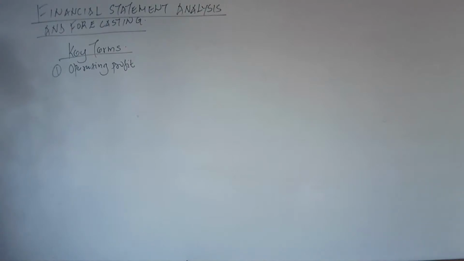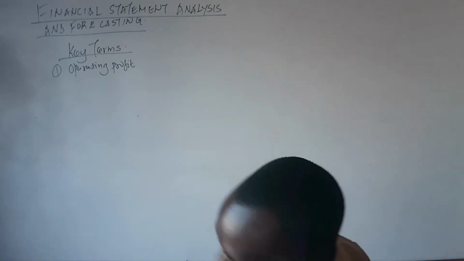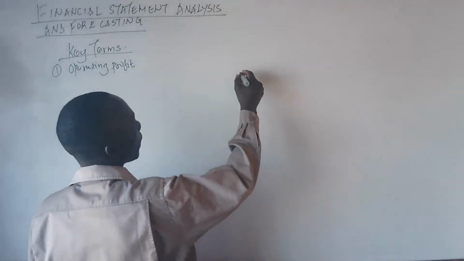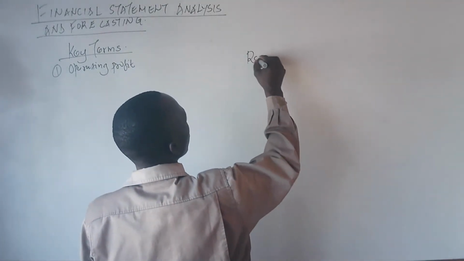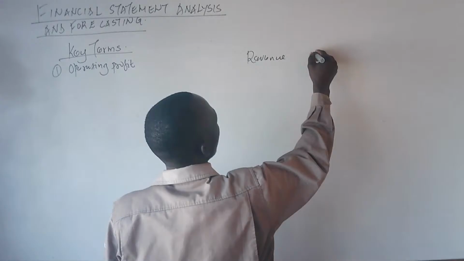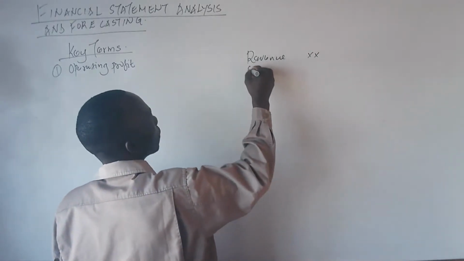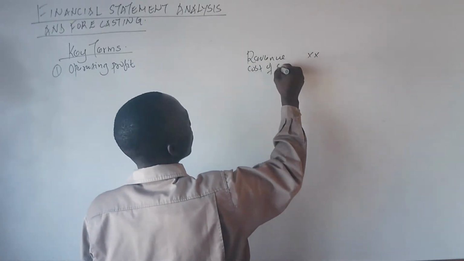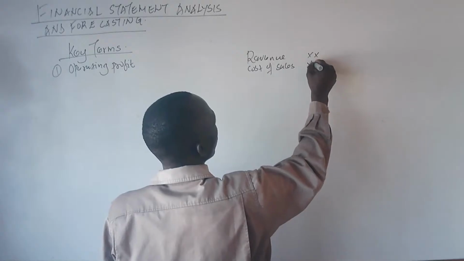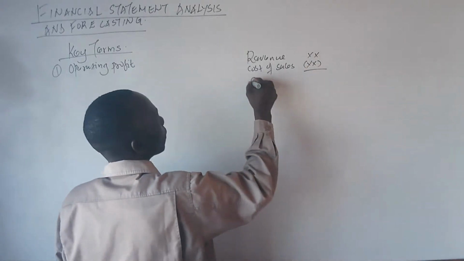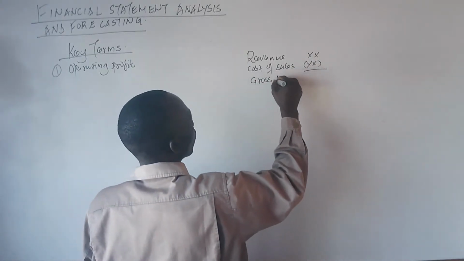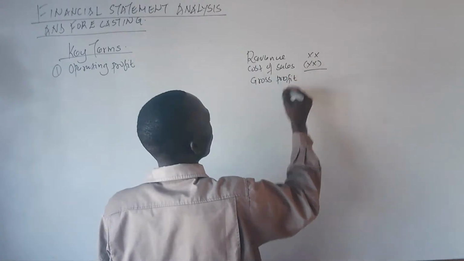Remember, when we talk about the income statement, we normally start with revenue. Then from the revenue, you raise the cost of sales. Once you raise the cost of sales, you get the gross profit.